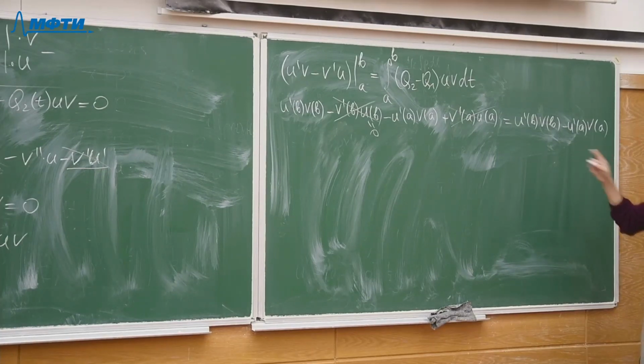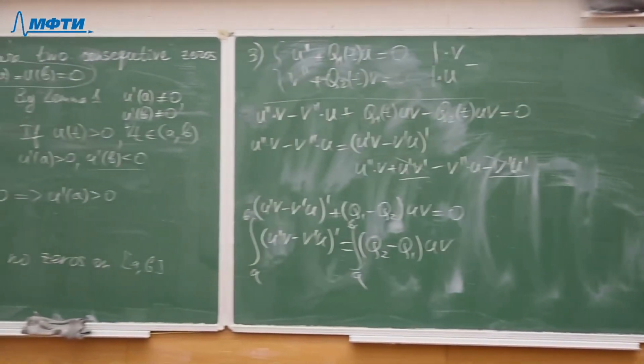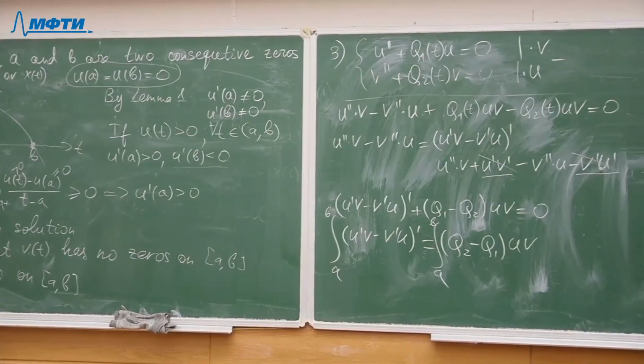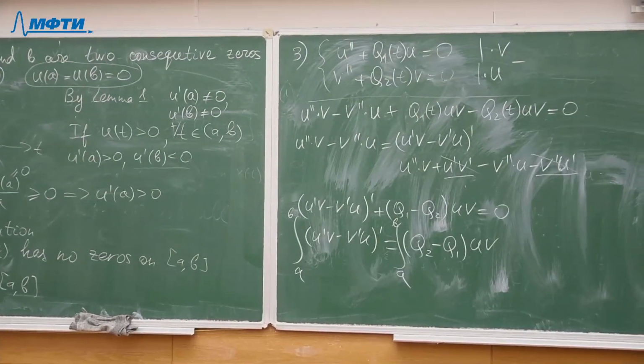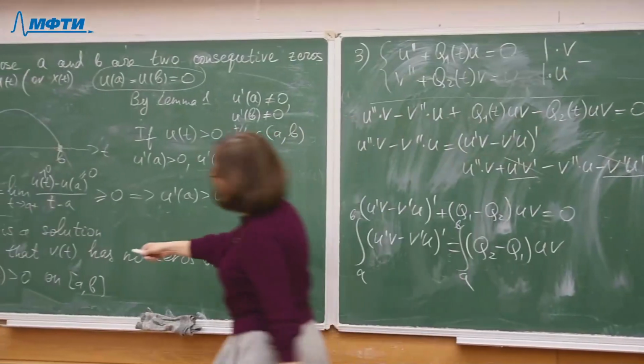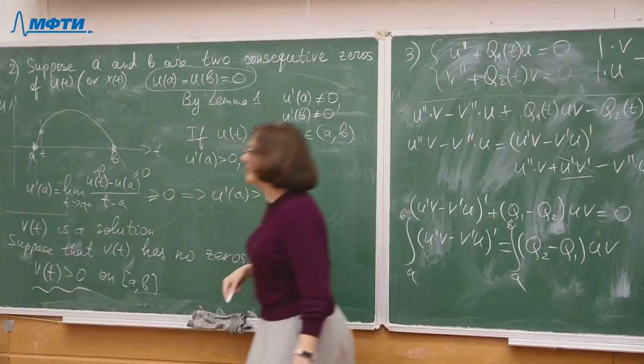If it's greater. Okay. So what about u prime of b? So u prime of b is less than 0. It was proved there. What about v of b? So v of b is positive on AB. So it is positive.